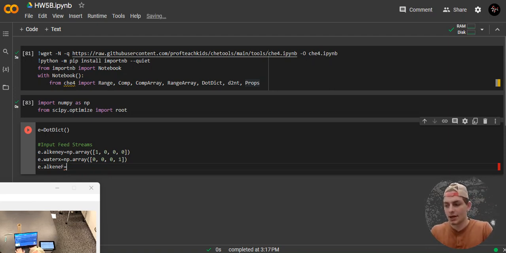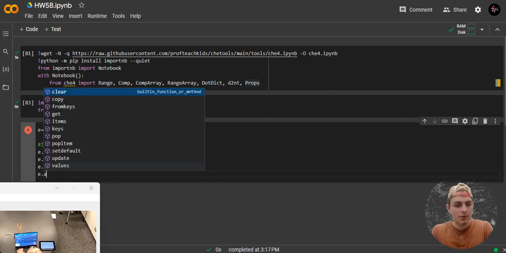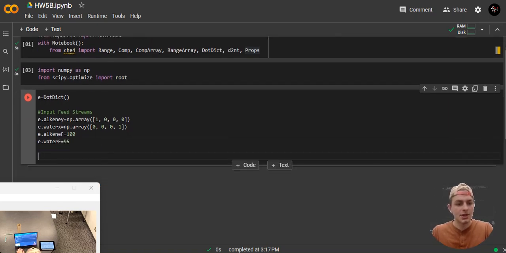We are actually given these, so it's 100 moles per second, and then for the water flow rate, we are told it is 95 moles per second there. So that takes care of all of our input material, and now let's focus on our reactions.